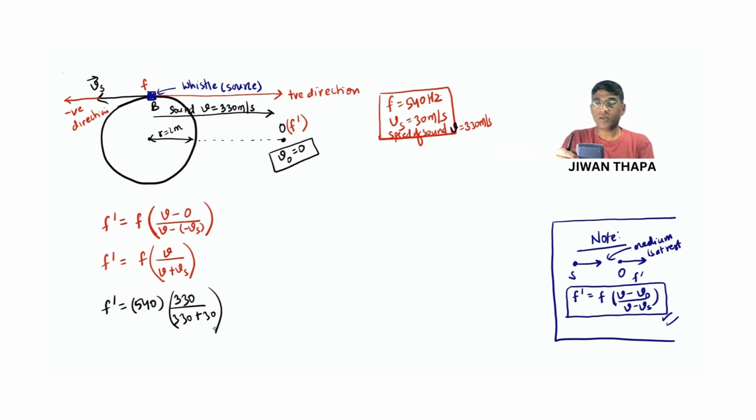This is 495. So we get f dash equals 495 Hertz.